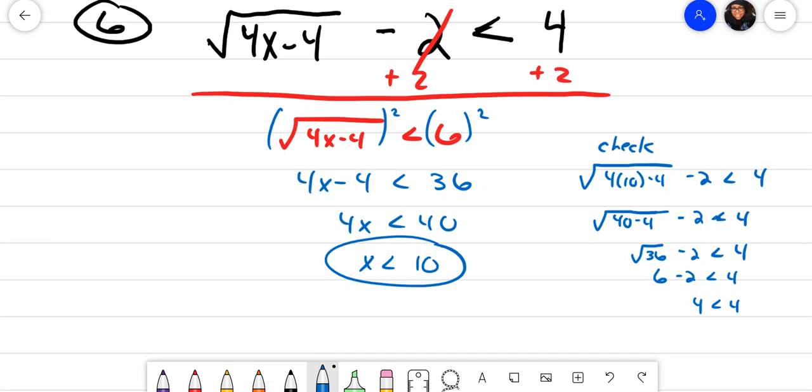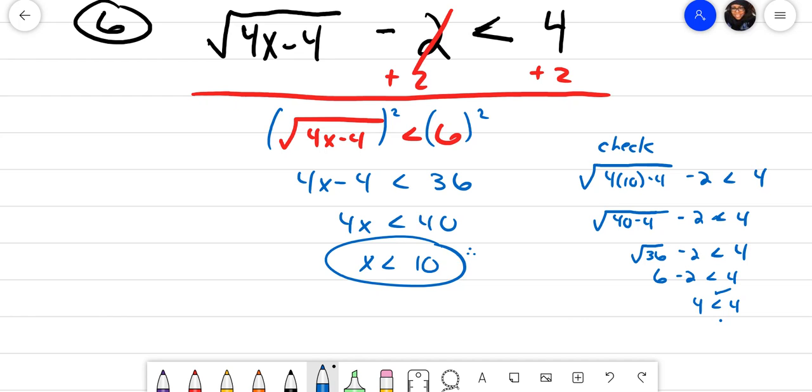Because this is equal, anything less than would work. So this checks. I know technically this might not look correct, but it is going to work because we're only going to put in things that are actually less than 10. So this answer is okay for me.